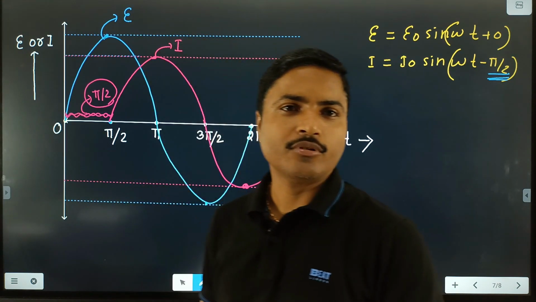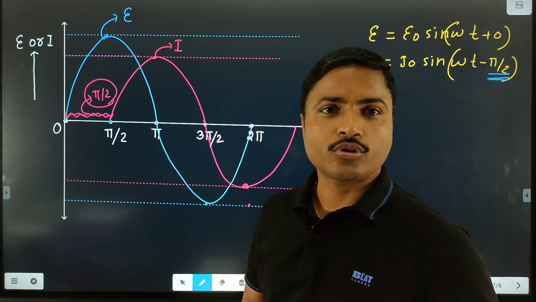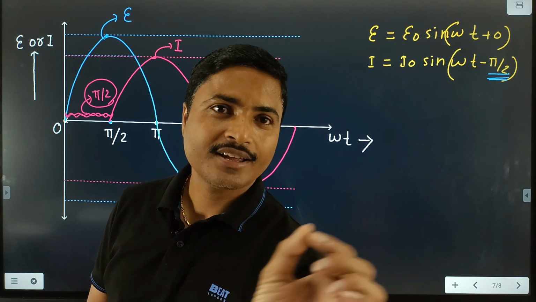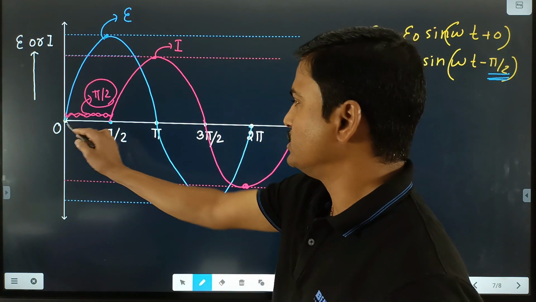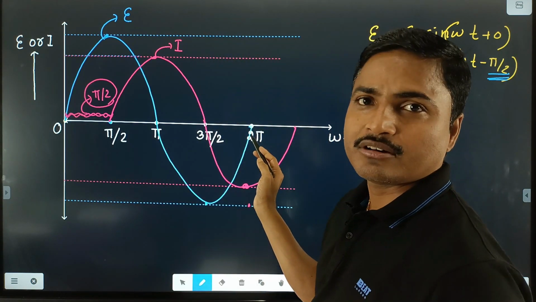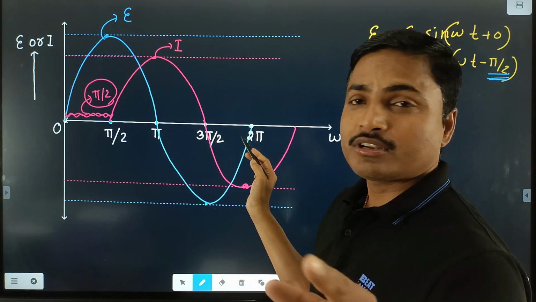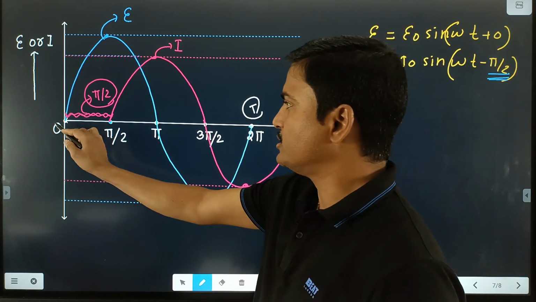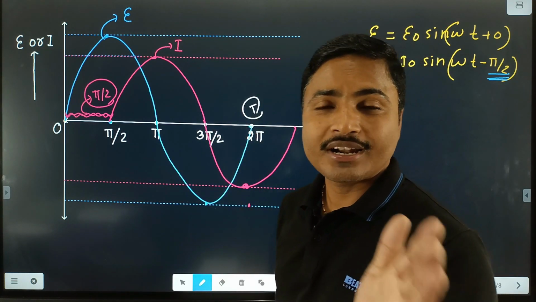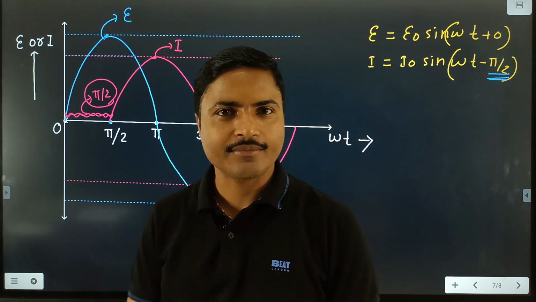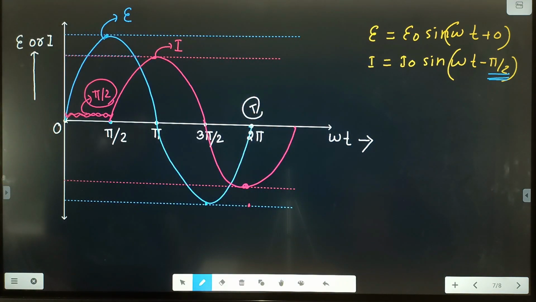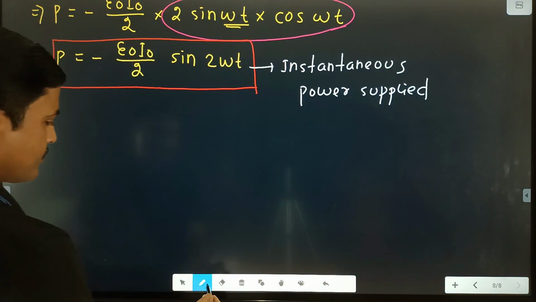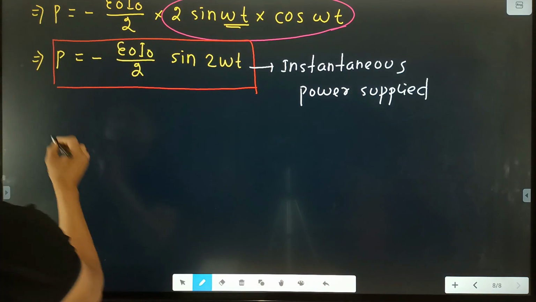So power is variable, and for the total power we add all the small powers and divide, from 0 to 2 pi. 2 pi means the full cycle, and for the full cycle we write the time period T. That means from 0 to T we calculate the average power. How will we calculate it? This is the instantaneous power. Next we write its average power.